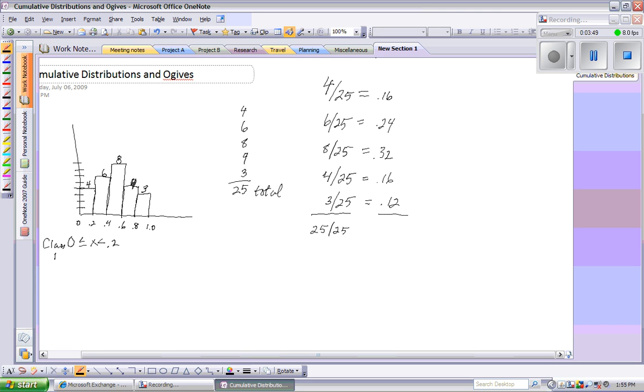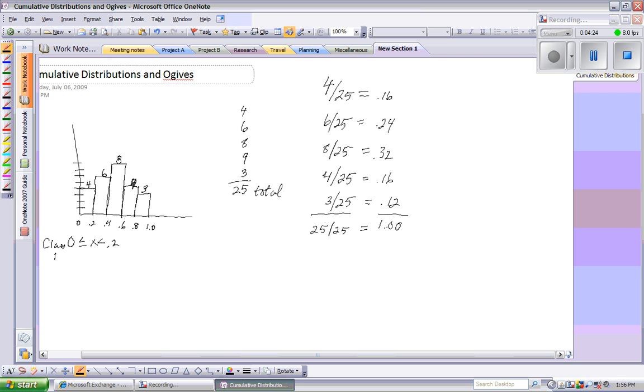In the same respect, these should all add up to 1.0 or 100%. 16 plus 24 is 40, plus 32 is 72, plus 16 is 88, plus 12 is 100. So we get 1.00 when we put the decimal in the right spot. And yes, that is correct, 25 out of 25 is equal to 1 whole. So that is how you do the frequency distributions.